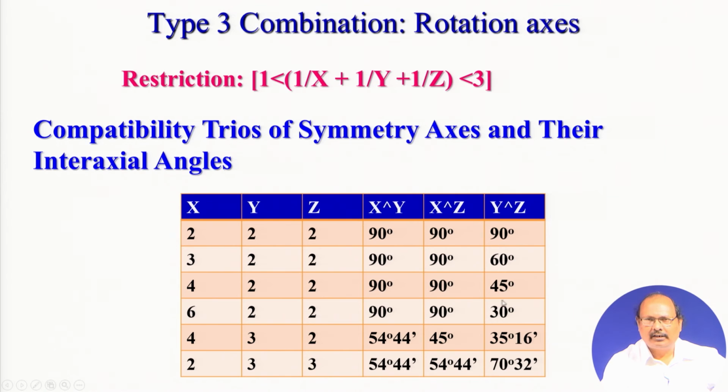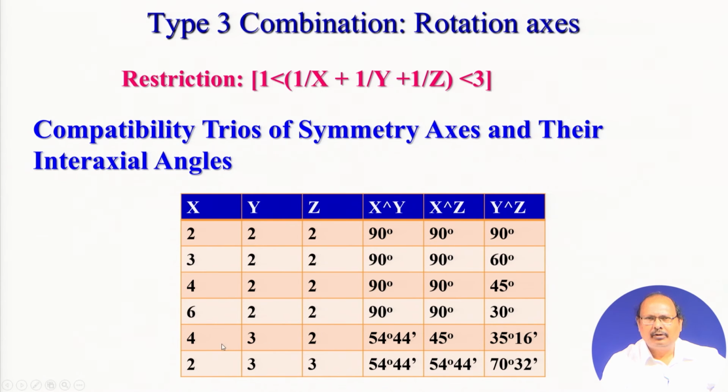The angle is 30 degrees here. And you have two unique situations, where you have a four-fold axis, a three-fold axis and a two-fold axis, which are not in the horizontal plane. So, they are not always in the horizontal plane, and these are the angular restrictions that are present here.